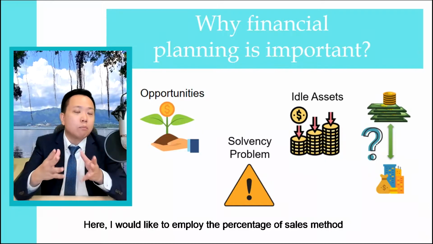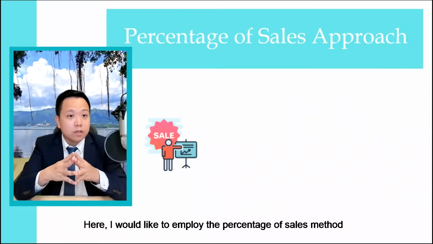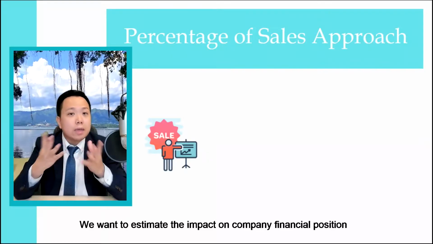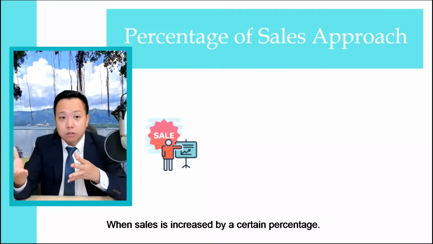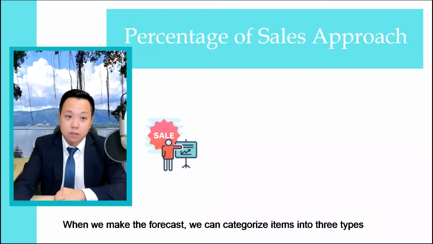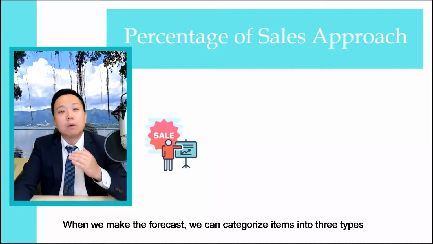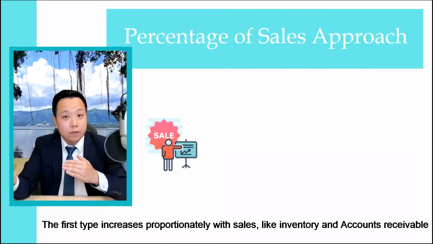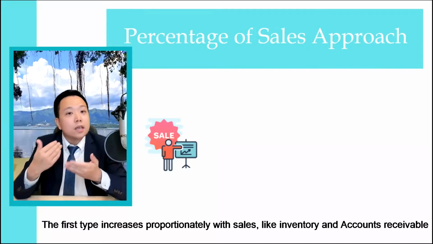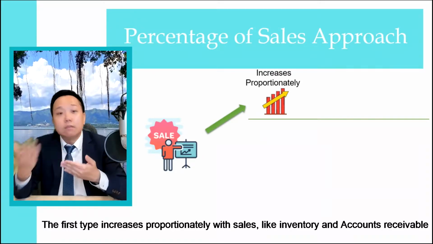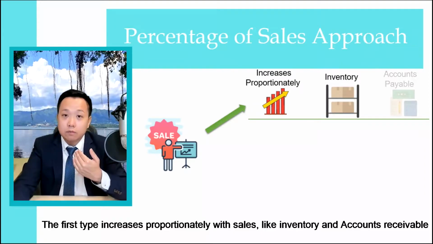Here, I would like to employ the percentage of sales method. It means that we want to know the impact on the company's financial position when sales are increased by a certain percentage. When we make the forecast, we can categorize items into three types. The first type increases proportionally with sales, like inventories and accounts receivable.